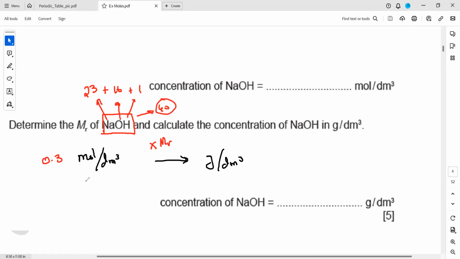You will multiply 0.3 by 40. Is it clear, the last part? Okay, it is 12. Sorry. When you multiply 0.3 by 40, it is 12, not 1.2.